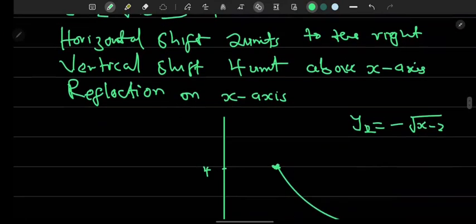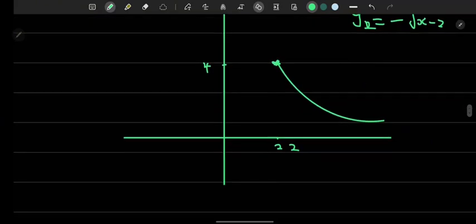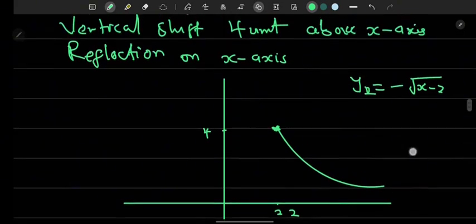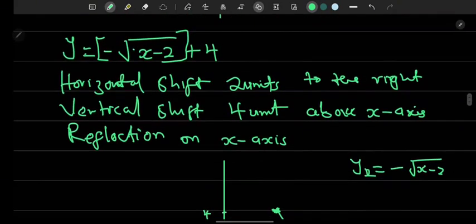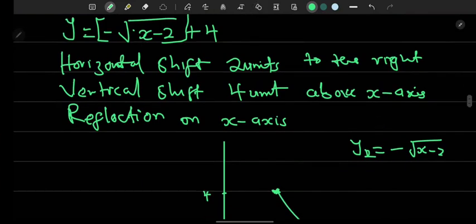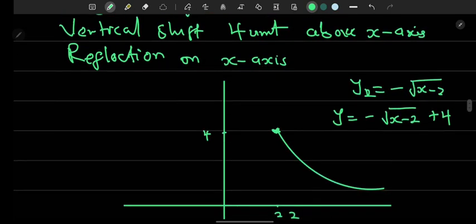If you want to know when this graph will intersect the x-axis, that is when y equals 0. Let me write it out so that it won't be abstract. We don't need to do that, but I'm just explaining so that you can get it better.